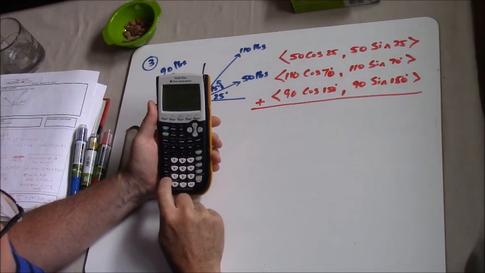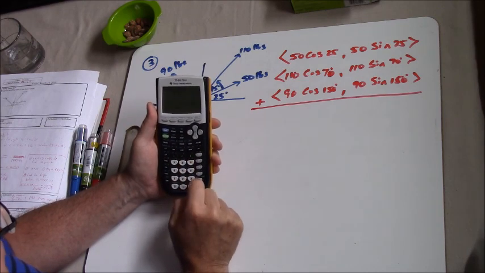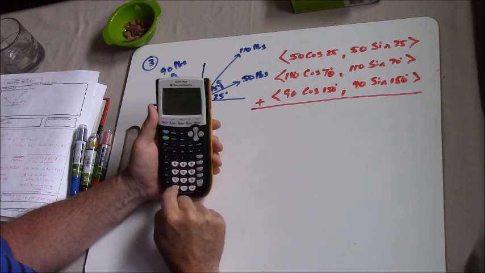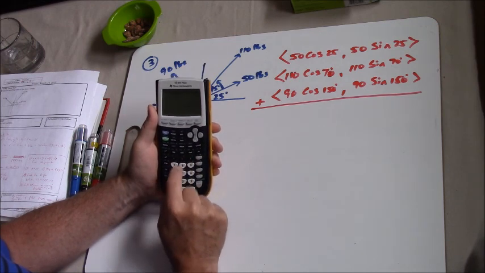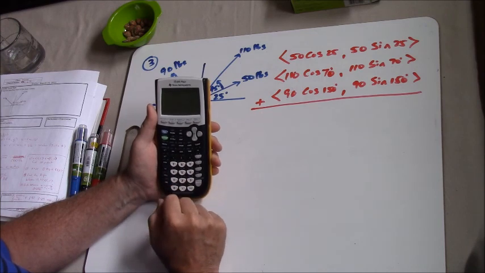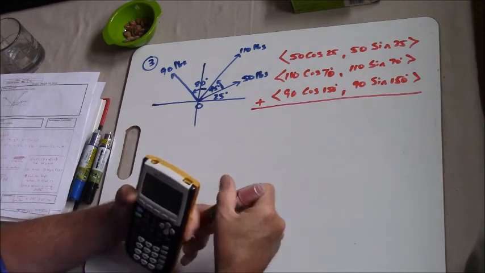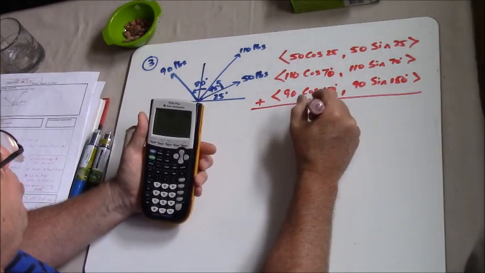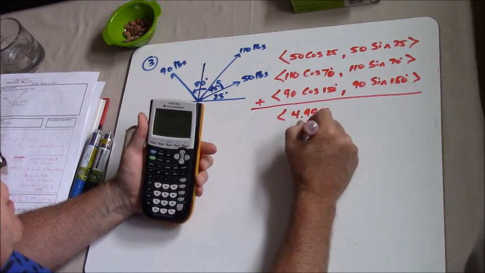All right, I've got 50 cosine 25 plus 110 cosine 70 plus 90 cosine 150. So there's my x coordinate. I get 4.995, and I'm going to store that in x.